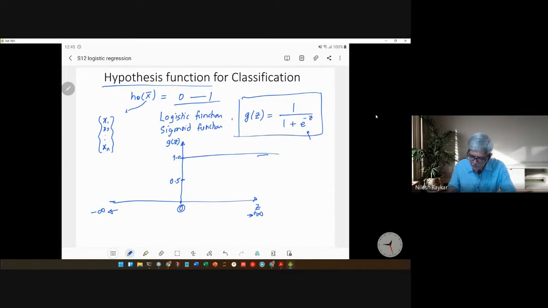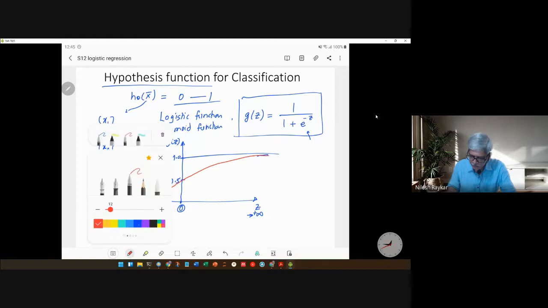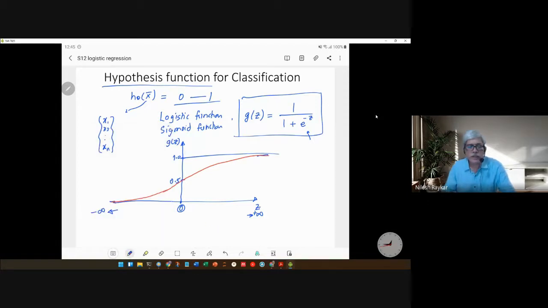So this particular function has the property that we require. If you plot it, it will look like this. So it takes values between 0 and 1. So it meets our need.